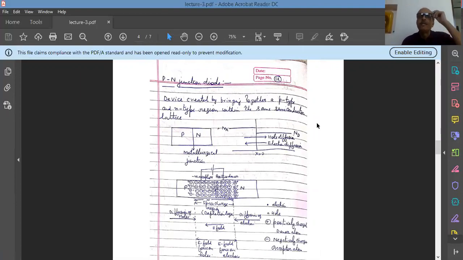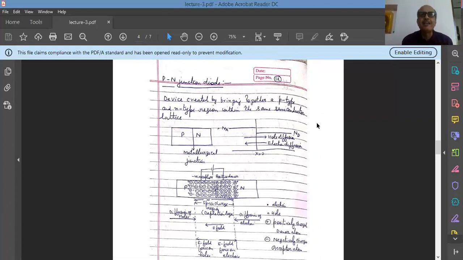Next thing that we have to discuss is called the PN junction. This also you must have studied. PN junction diode, normally if you read your textbook, you will find that a PN junction diode is formed by putting a P-type semiconductor and N-type semiconductor together, or it is obtained by just gluing them together. But that is not the case.